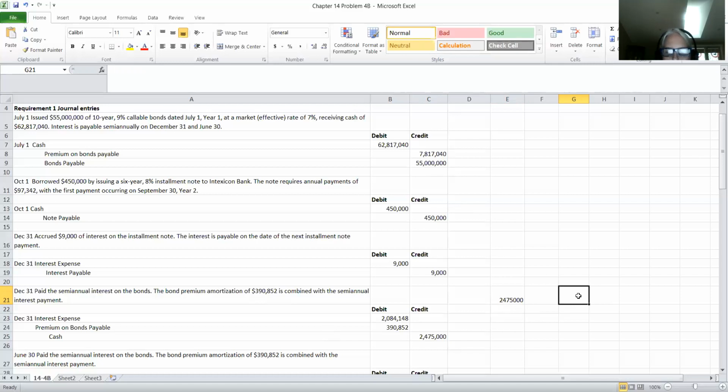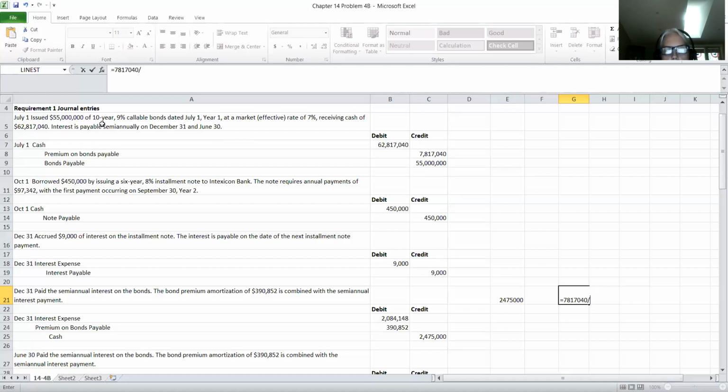But because we have amortized the premium, which means that we will take the whole premium amount, which was $7,817,040. That was the total amount of the premium. We will divide this by the amount of the periods that are in this bond. Since it was a 10-year bond and we pay interest semi-annually, the amount of periods that we would amortize are 20 periods.